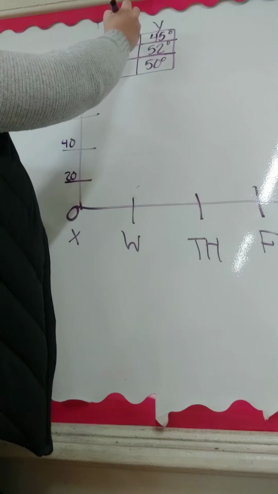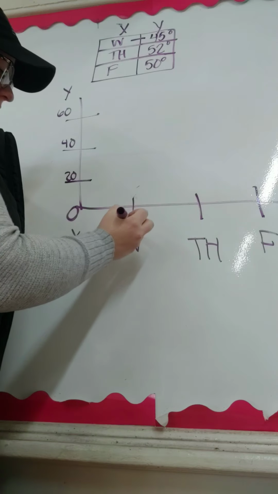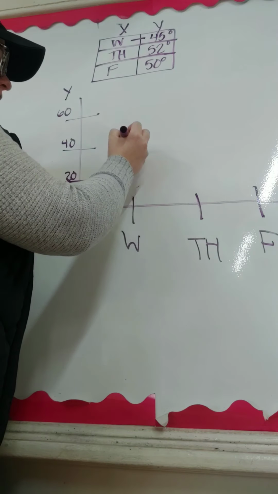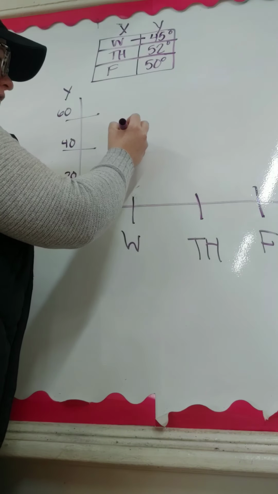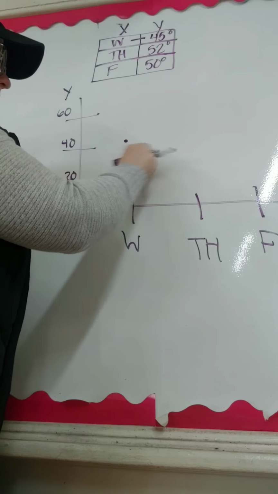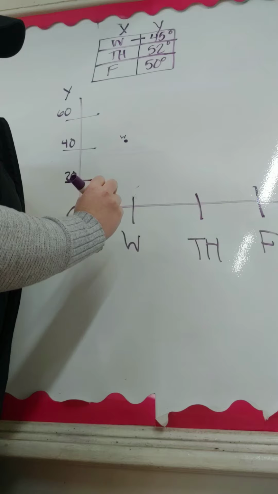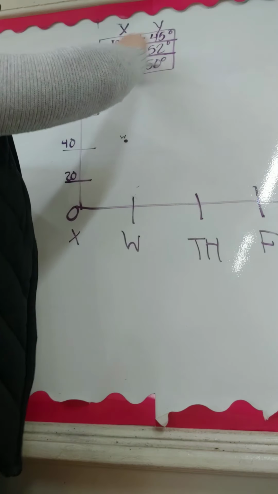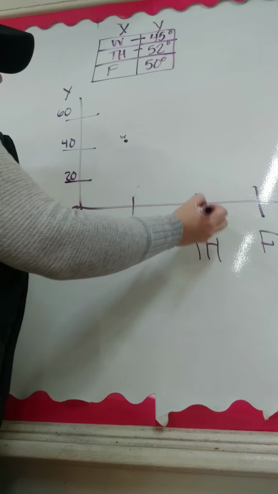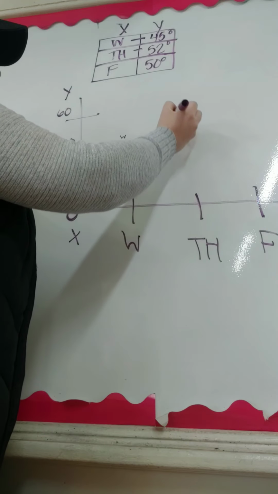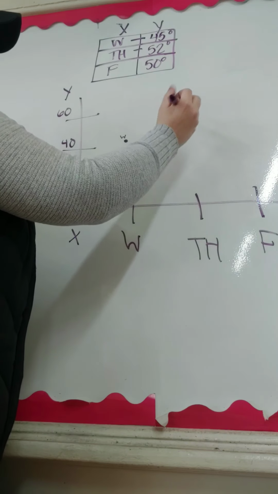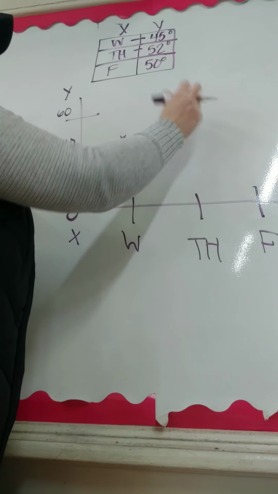So what you're gonna do is go to Wednesday. It was 45 degrees. So we're going up to 4, a little bit over 40 because we need 45, okay? This is Wednesday. Okay, and then we have Thursday. Thursday, we're gonna go up right about in the middle and a little bit higher because it's 52.